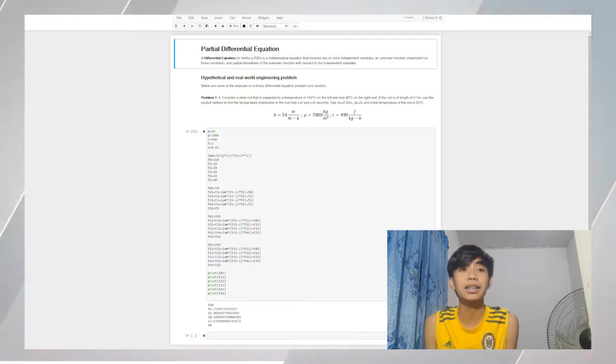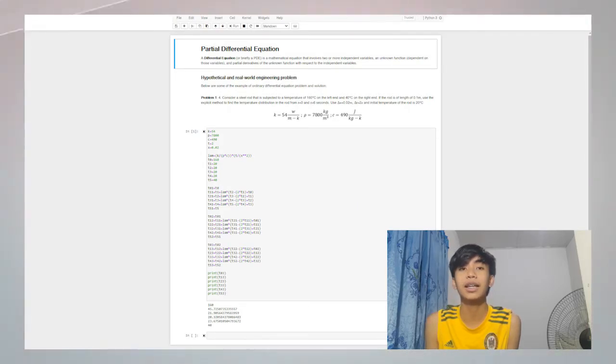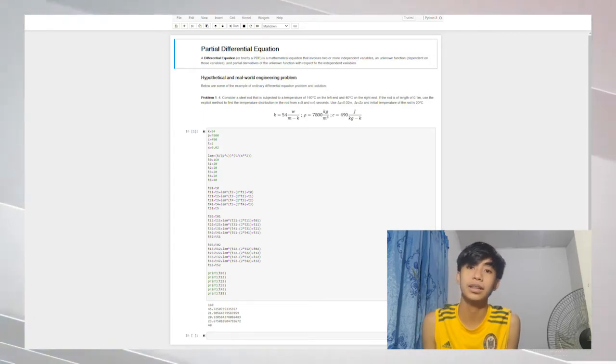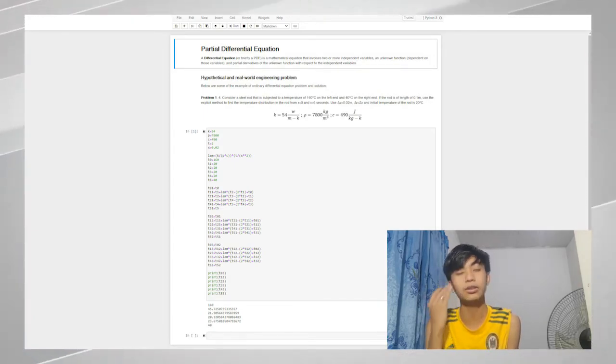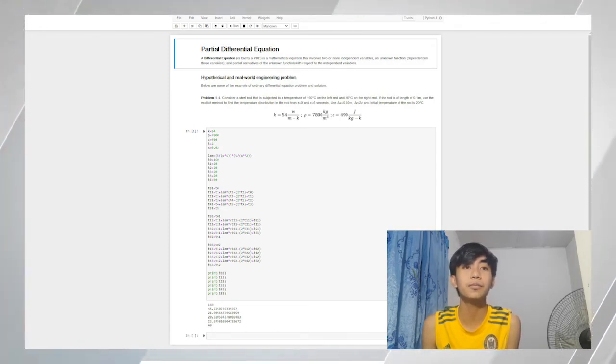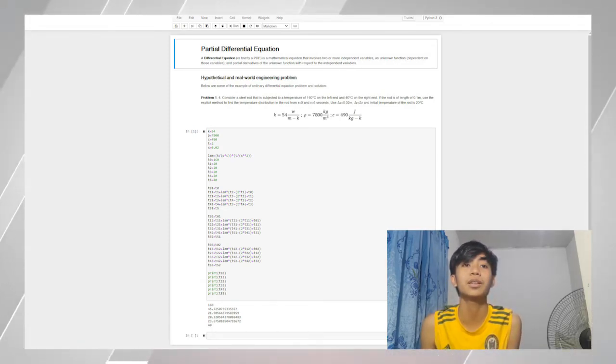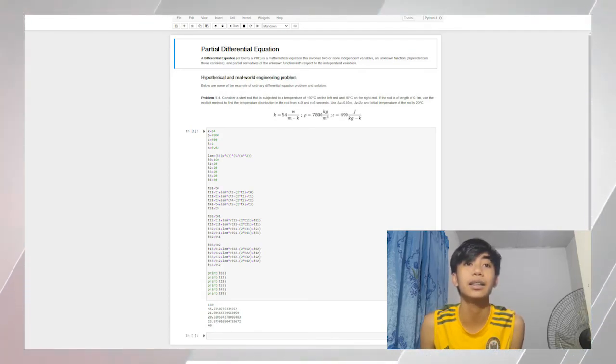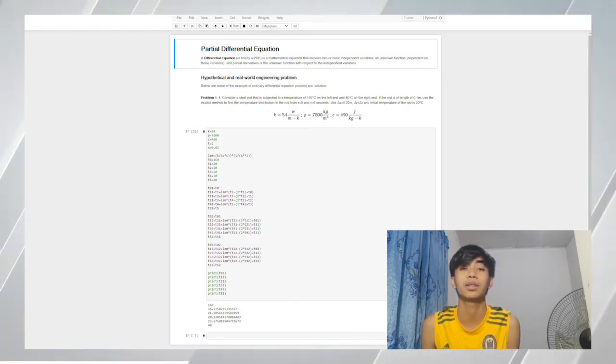If the rod is of length 0.1 meter, use the explicit method to find the temperature distribution in the rod from t equals 0 to t equals 6 seconds. Use change of x equals 0.02 meter and change of t equals 2 seconds, and the initial temperature of the rod is 20 degrees Celsius.